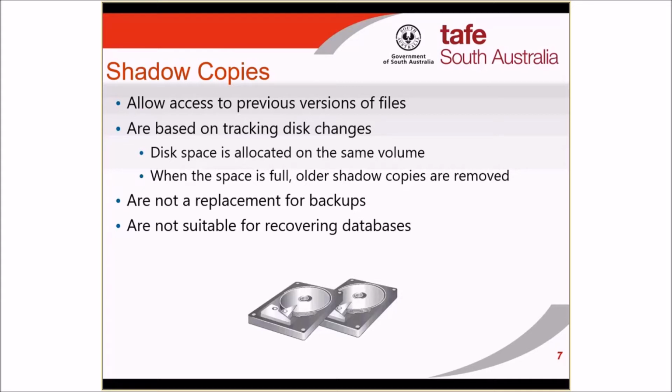So shadow copy does not replace your backups. It's not a replacement for backups. I've got to make that for certain. But it's just another way to allow you to get out of jail, just in case you're getting yourself in trouble like that.